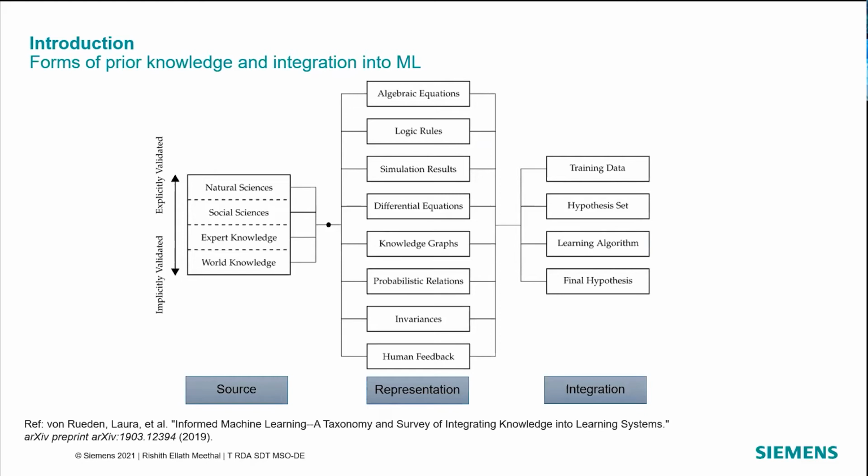There is this informed machine learning taxonomy paper from Rodan and Laura where they explained possible scenarios. For example, if we are considering engineering applications, our source of prior knowledge comes from natural science, and normally we represent it in the form of differential equations, and we try to integrate it into the machine learning pipeline in the learning algorithm, for example, in the loss function. So this is the kind of approach we have been following in the informed machine learning.